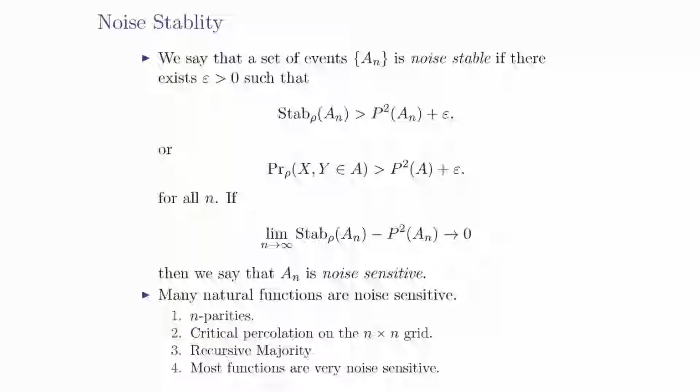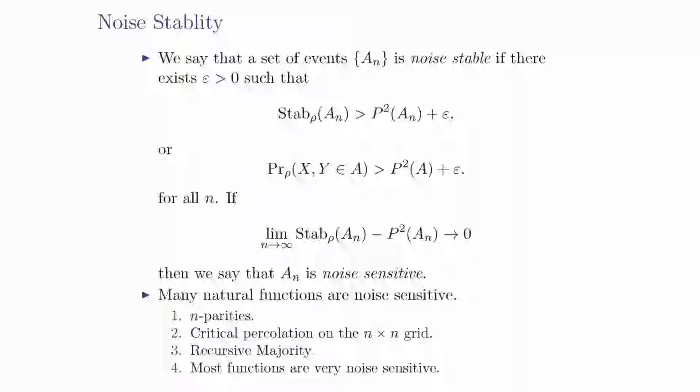Okay, so even though we like noise-stable sets, we should know that noise-stable sets are rare. In particular, a random function is noise-sensitive. It is, in fact, very noise-sensitive, right? So random functions are noise-sensitive. So noise-stable sets or noise-stable functions are pretty rare. And there are other functions that are very structured, not random, which are also noise-sensitive. Maybe the easiest example is the parities.